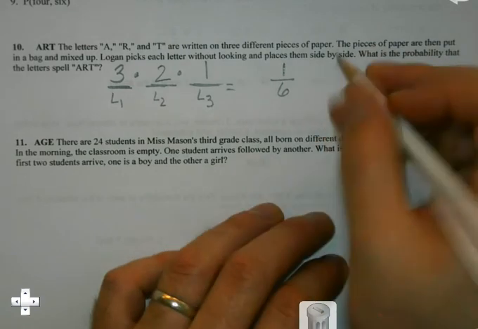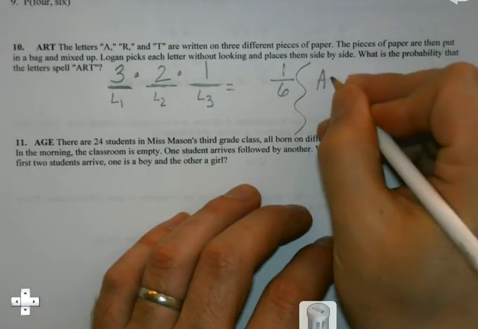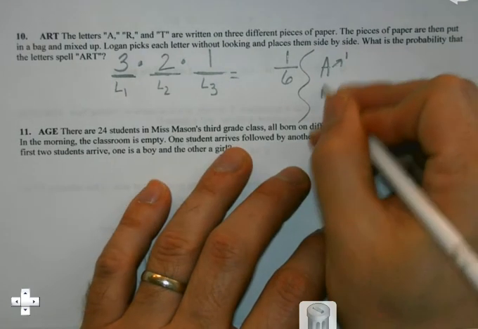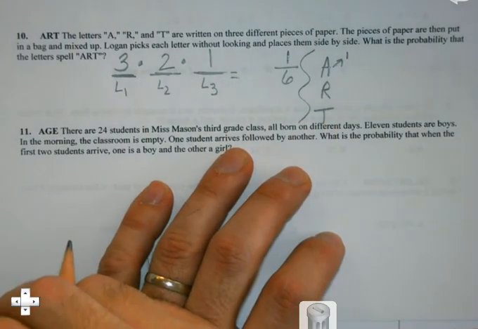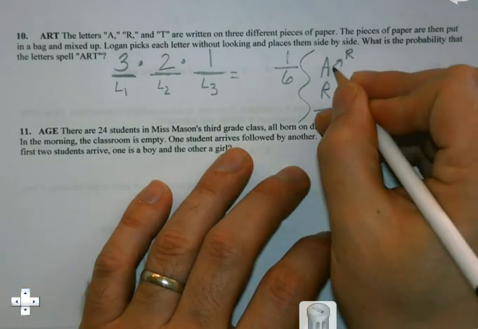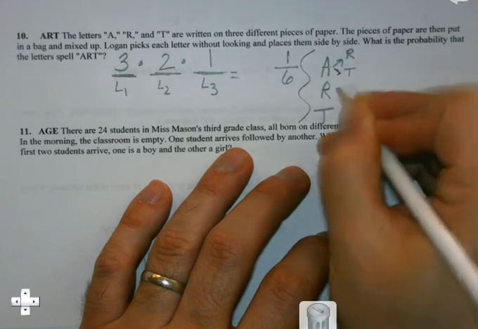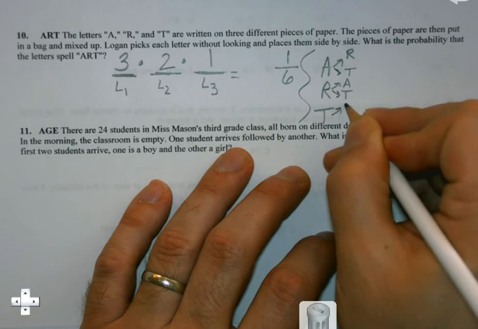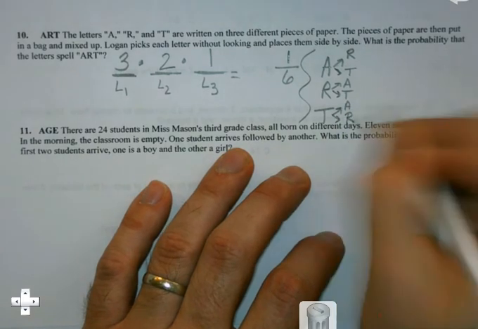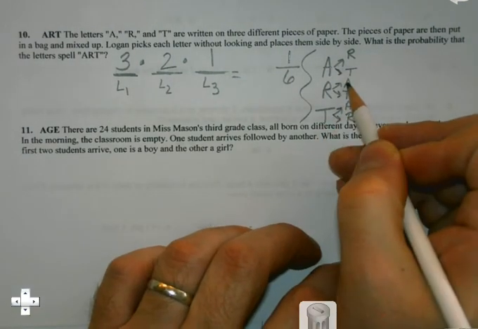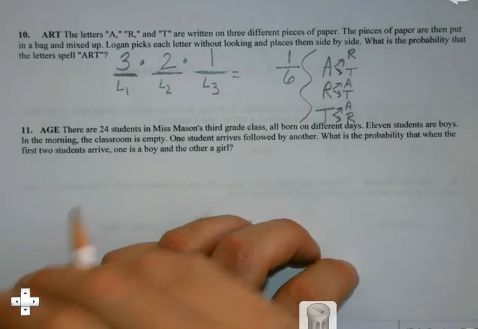Some of you may say, if I start with A, I might start with A, I might start with R, I might start with T. Then I might have R, or I might have T. I might have A, or I might have T. I might have A, or I might have R. And some of you may say, wait a minute, A, R and R, A, aren't they the same letters? True, but do they spell different things?